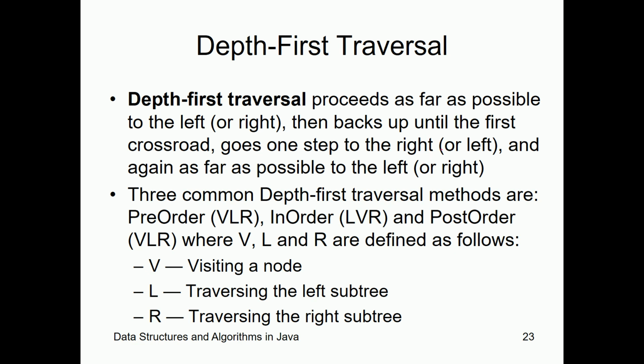And then we try to reach as far down as we can until we reach the leaf, until there is nowhere more to go. There are different methods to do that. They call them pre-order, in-order, or post-order. And they refer to them with this kind of VLR, LVR, and LRV.